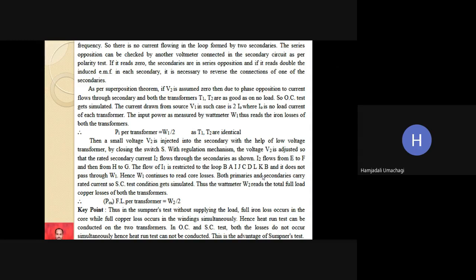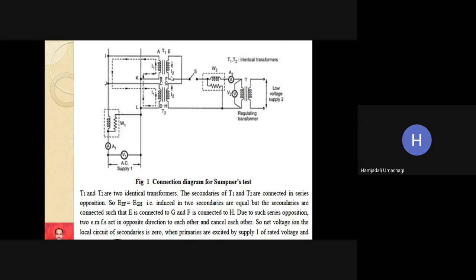Both primaries and secondaries carry rated current. Both primaries and secondaries, both primary of T1 and T2 and secondaries, will carry what? They will carry the rated currents, since the condition required for short circuit test is rated current.